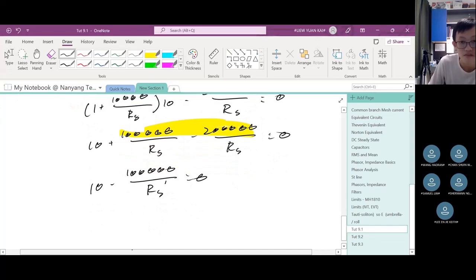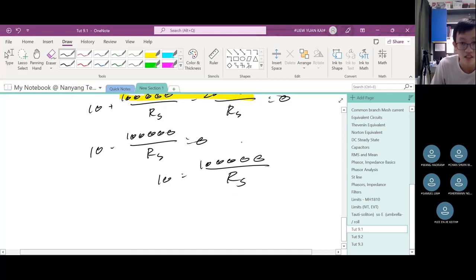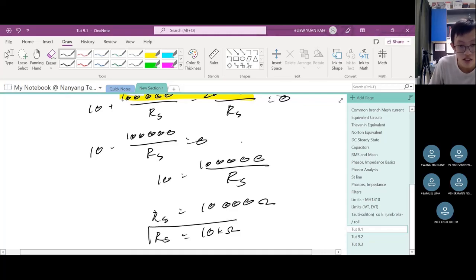Then bring this onto the other side. So 10 equals 100,000 over RS. Then you make RS the subject. So move this one over here, and then this one over here. So RS equals, you divide it, you should get 10,000 ohms. In other words, 10 kilo ohms. Okay? Like that.